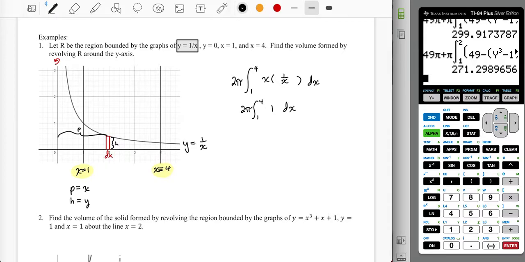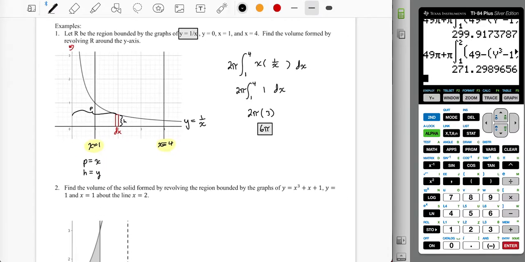So that's just going to give you a 3. And so we're looking at 6 pi. All right, so not bad, right? You can try to verify it with something like the washer method or the disk method if it's appropriate, but if you're confident in your setup and your work, then there's no reason to do that.